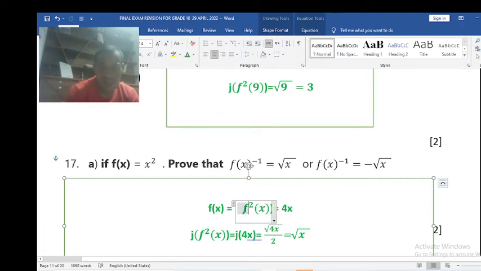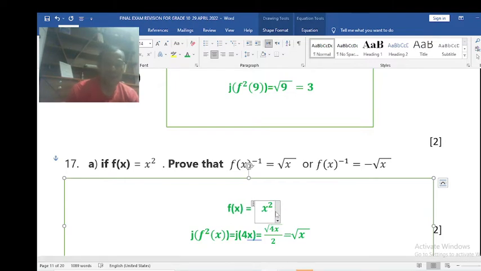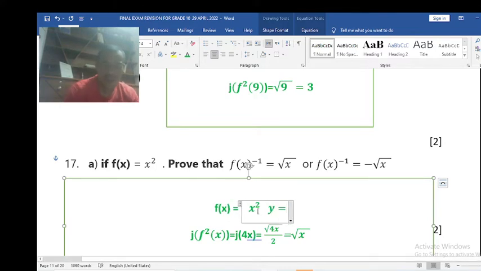Now we suppose that f of x is y, therefore y equals x squared.